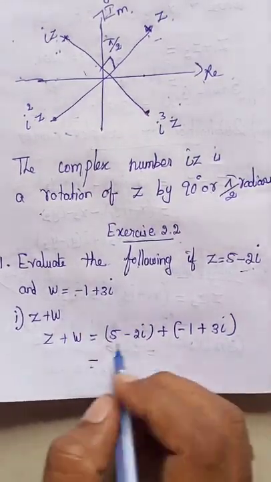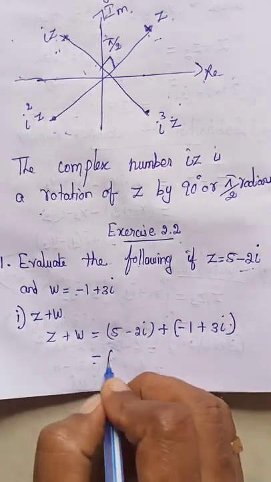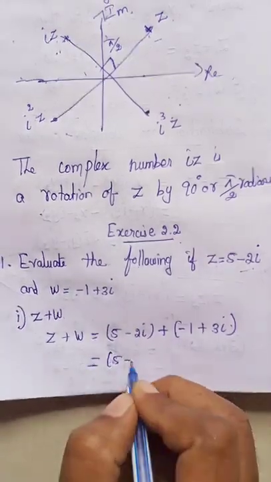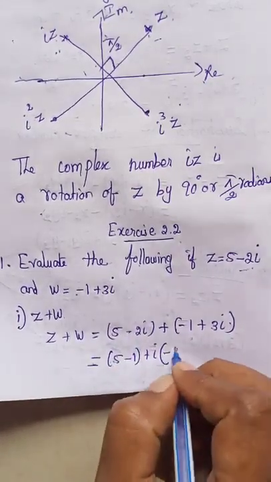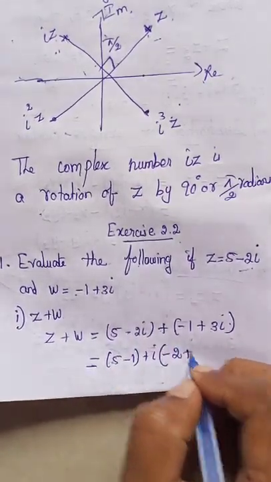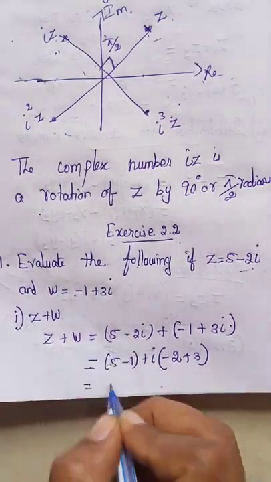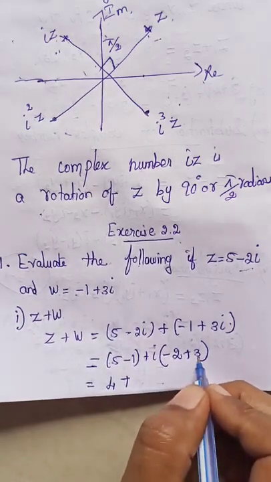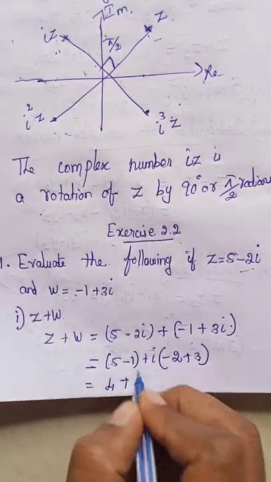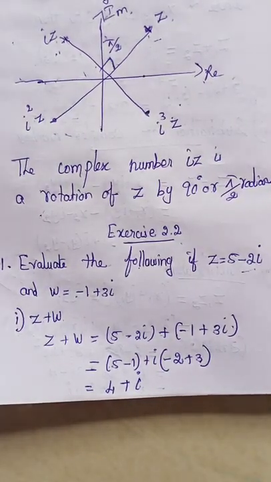When we add, we take the real part separately and the imaginary part separately. So we get 5 minus 1 plus i into minus 2 plus 3. 5 minus 1 is 4, and minus 2 plus 3 is 1. So 4 plus i is the answer. Is that clear?